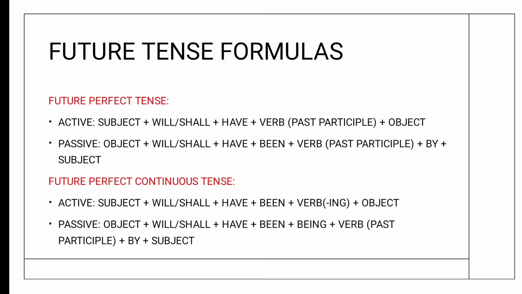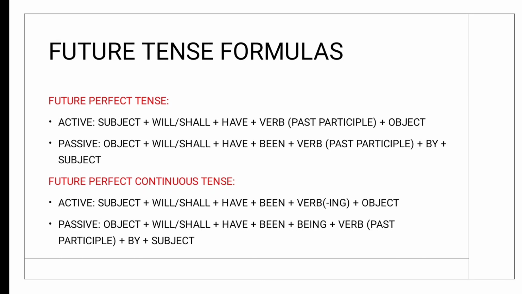Okay, so plus object. So to convert into the passive voice, the same thing, the object will become the subject in the passive voice plus will have or shall have plus been. Why been? Because we are converting the perfect tense.